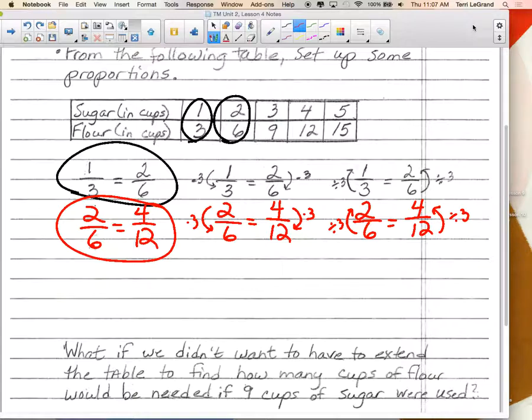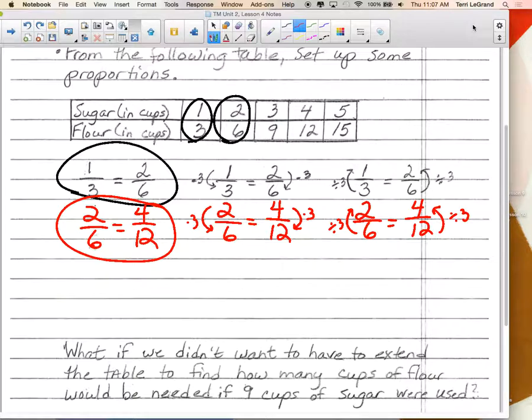Okay, 1/3. 1 cup of sugar for every 3 cups of flour. That is the simplest form, but it really means the same thing as for every 2 cups of sugar, there are 6 cups of flour.